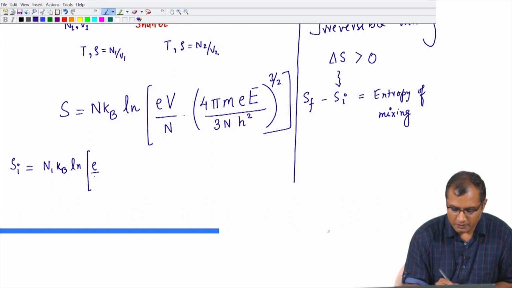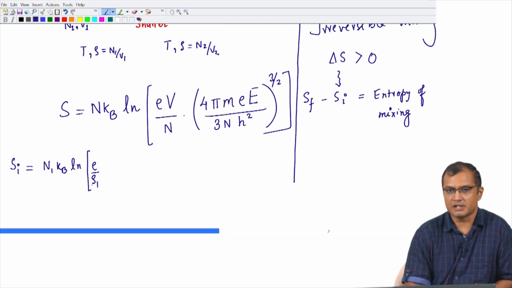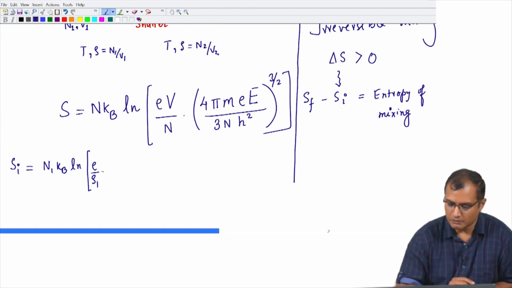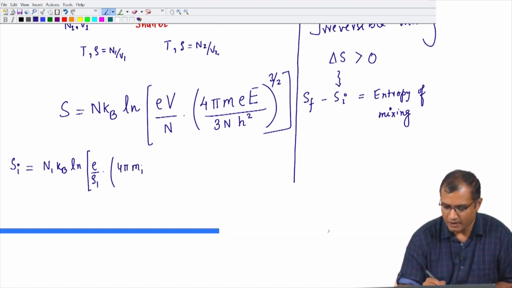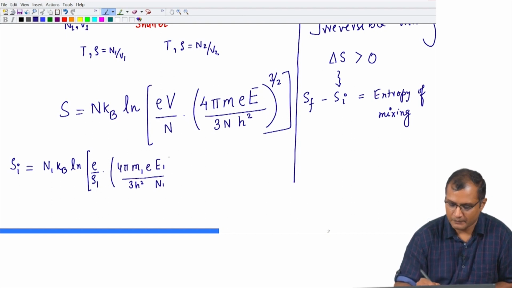e by rho 1, because N1 by V1 is rho 1, into 4 pi m1 E1 by 3 h square N1 to the power 3 by 2.